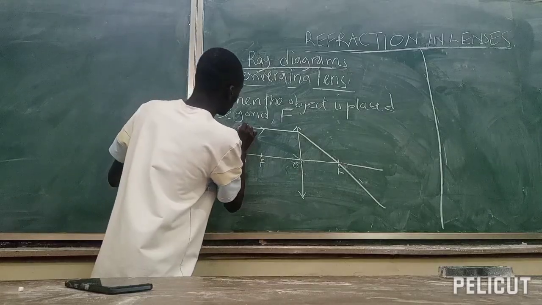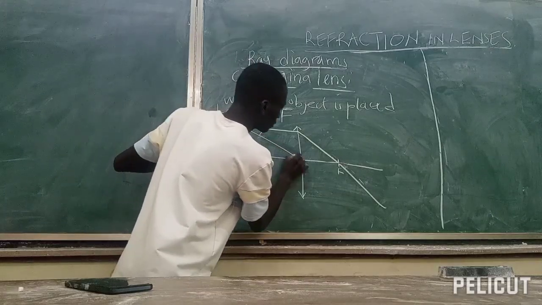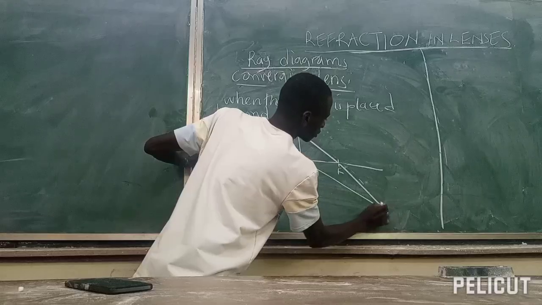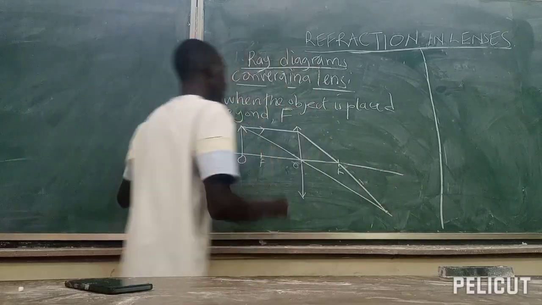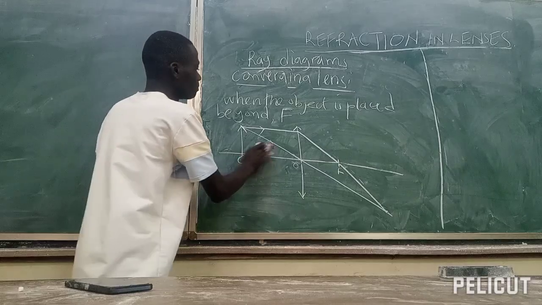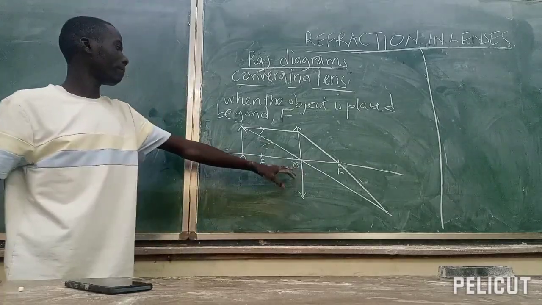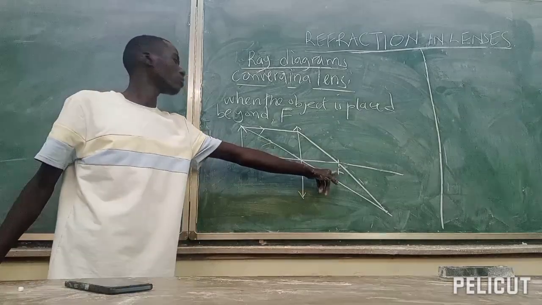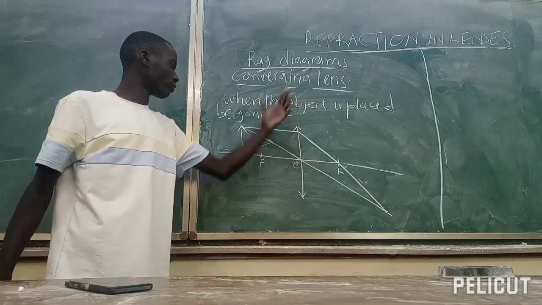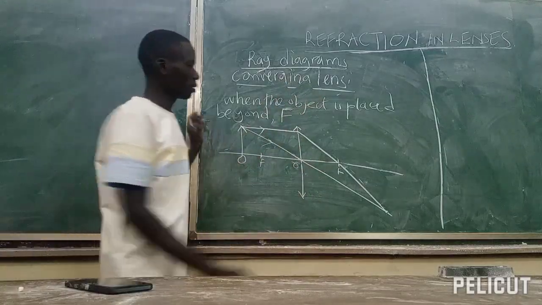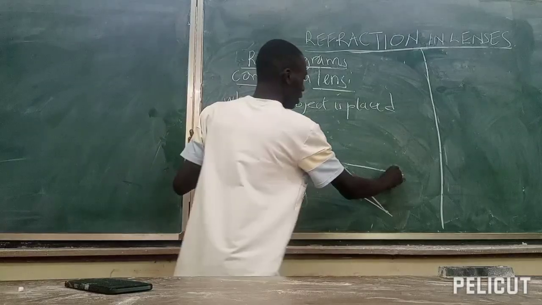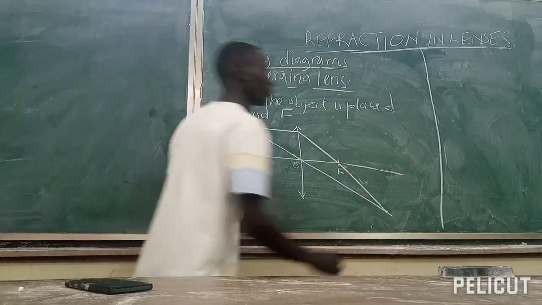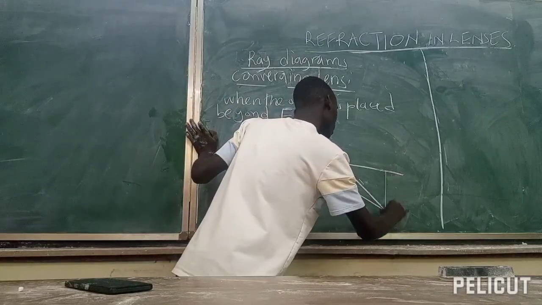So they meet at this point on the other side of the lens, and the image will be formed at this point.